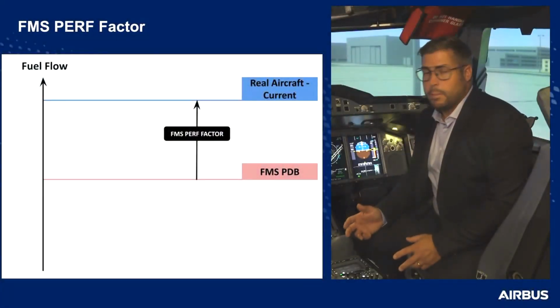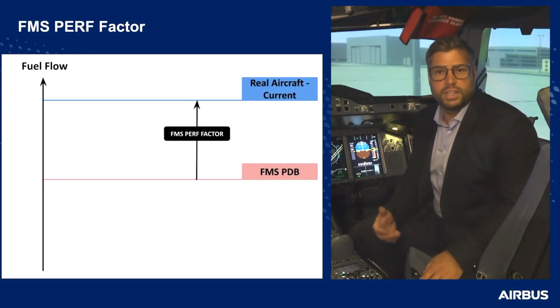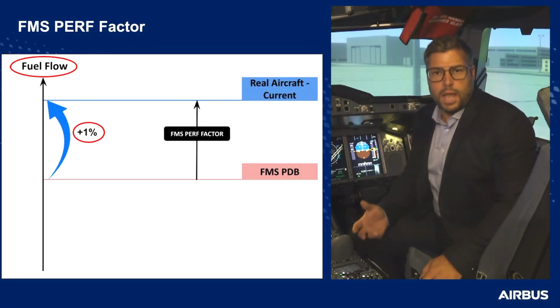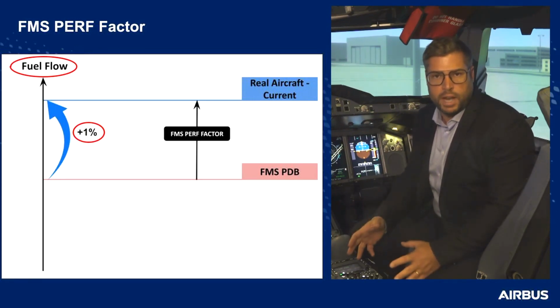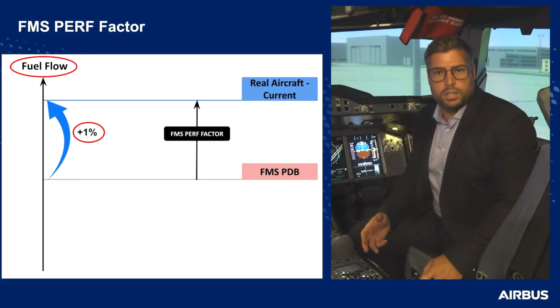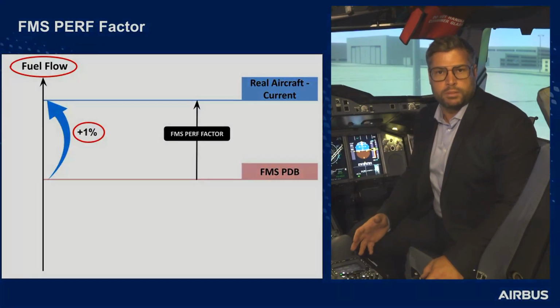The +1 means that the FMS predicted fuel flow will be 1% higher when compared to the fuel flow provided by the PDB. This happens when the real engine performance of this specific aircraft are different from the IFP that is simulating the average of a fleet of brand new aircraft. In fact, every aircraft and every engine are a little bit different.